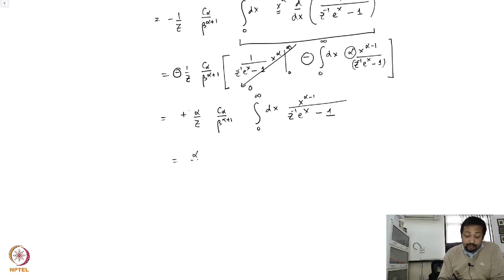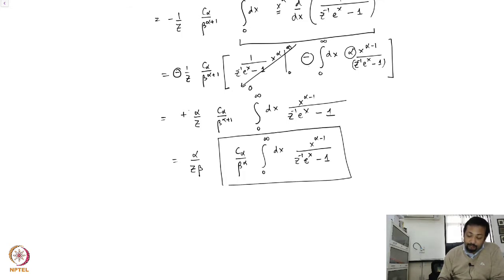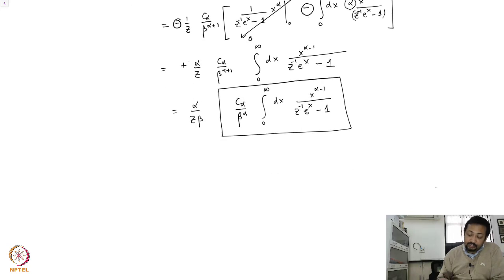Let us rewrite this expression as this: alpha divided by z times beta, so that I have C alpha beta alpha, 0 to infinity dx x to the power alpha minus 1 z inverse e to the power x minus 1. And if you recall, then this is exactly the particle number n.